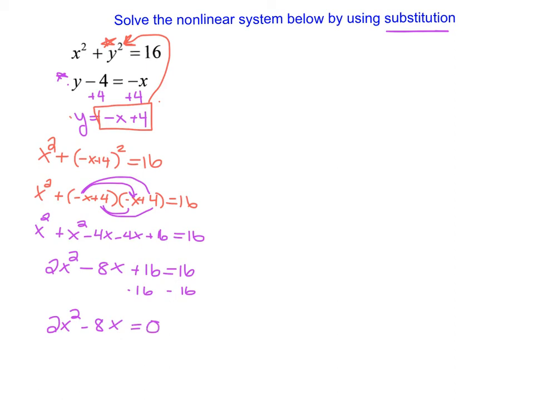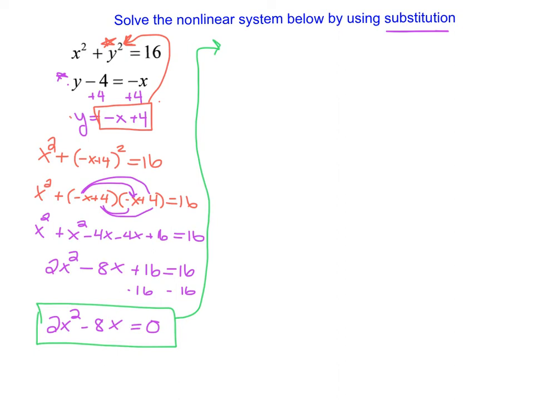Now again here, we could use the greatest common factor strategy if we wanted to, but because I want to practice using a lot of different strategies, I'm going to choose to use the quadratic formula to help me find the x values that make this equation true. You can use greatest common factor for this one, but I'm choosing the quadratic formula just to show you another strategy you could use.